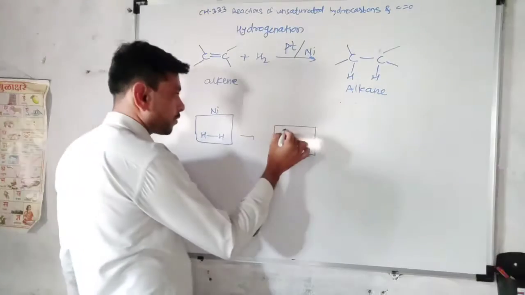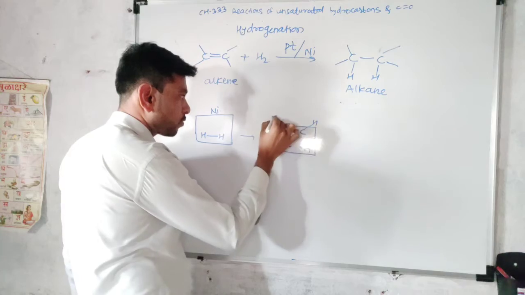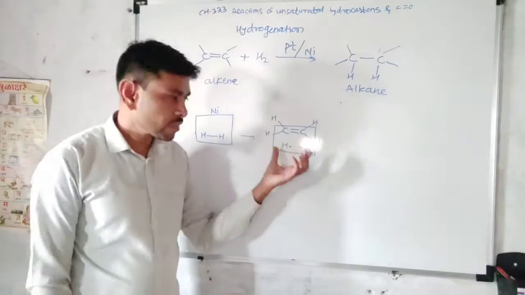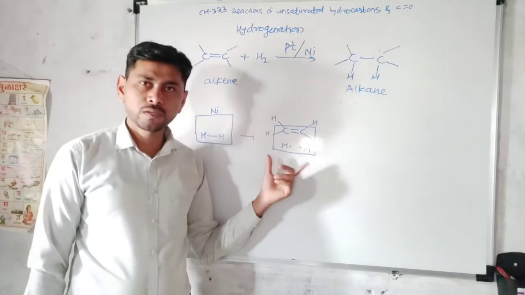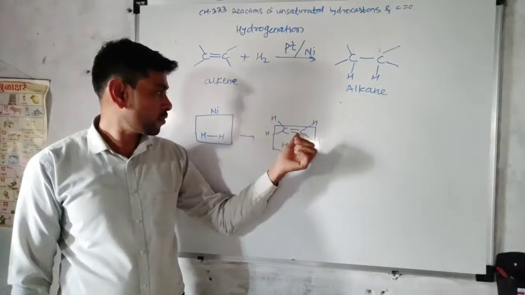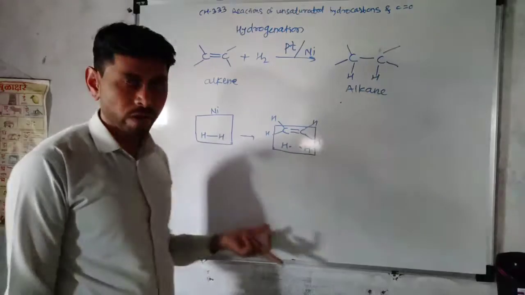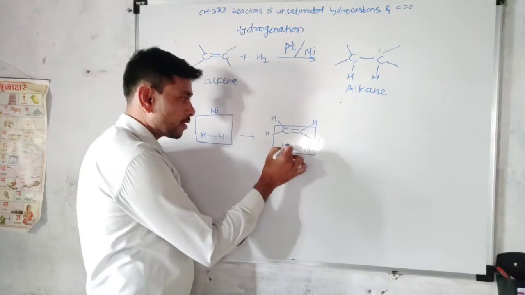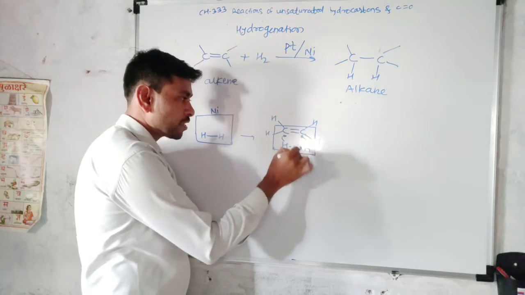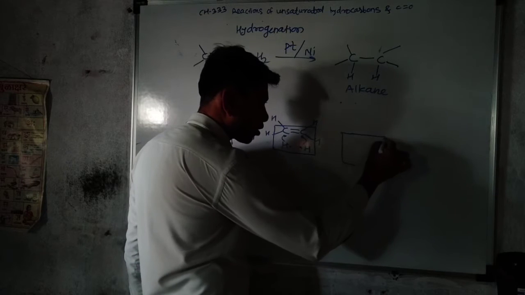Hydrogen splitting takes place, and we get attachment of the alkene compound. Now the probability of addition goes on increasing by the catalyst surface, because the attachment of the alkene and the reagent that we want to add are here, and the addition of these hydrogens takes place here.